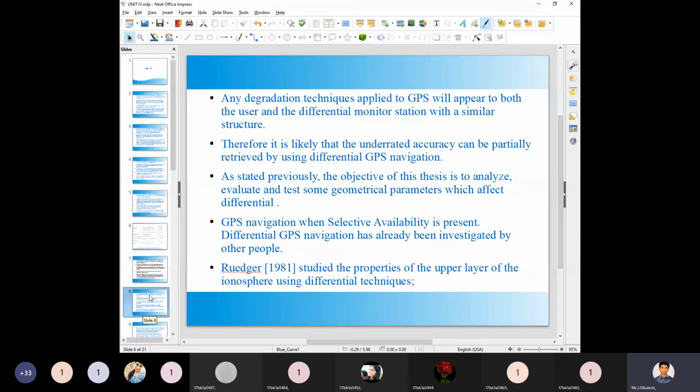The scientist Rutger studied the properties of the upper layer of the ionosphere in 1981 using differential techniques.